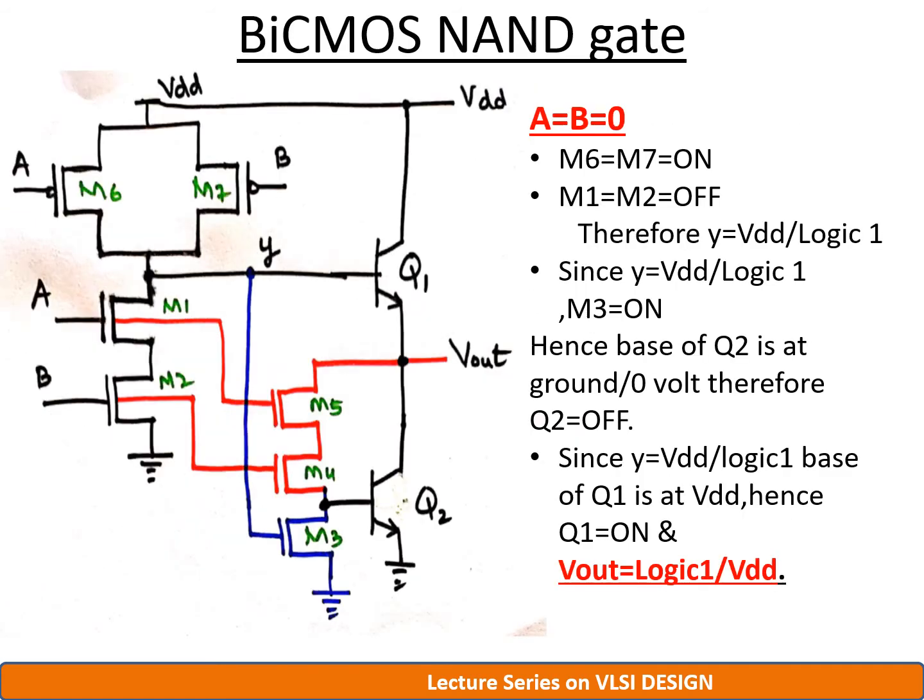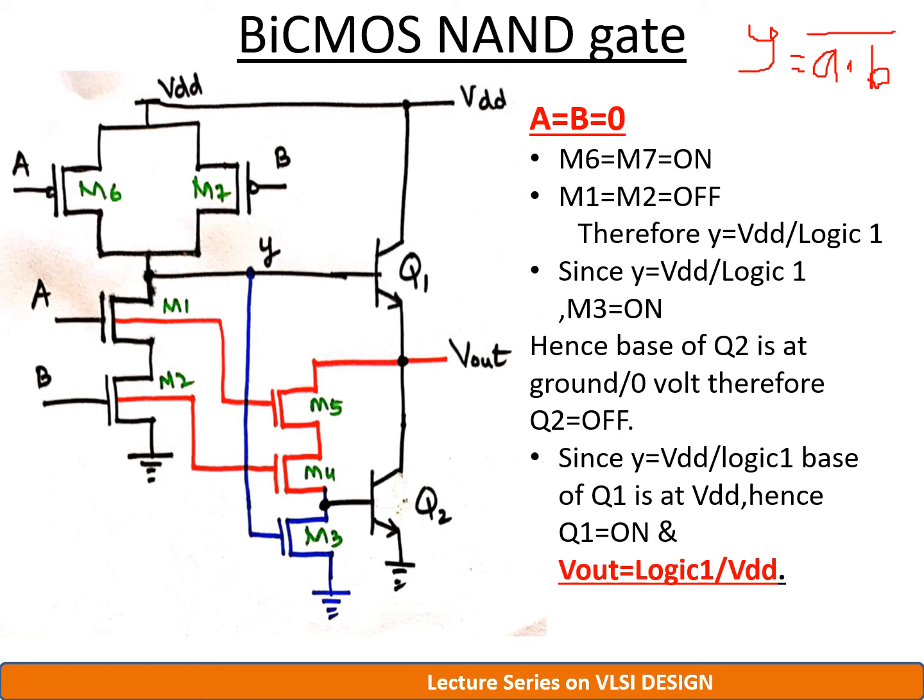So next circuit is the BiCMOS 2-input NAND gate. The expression of the NAND gate is Y equals (A dot B) whole bar.